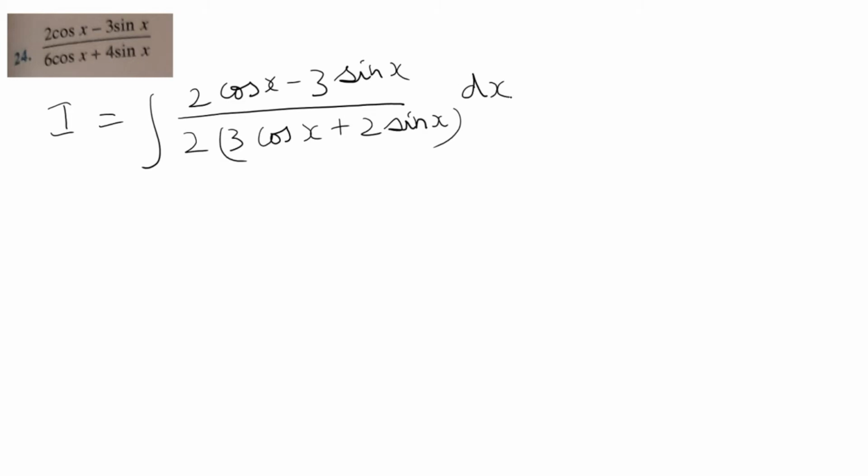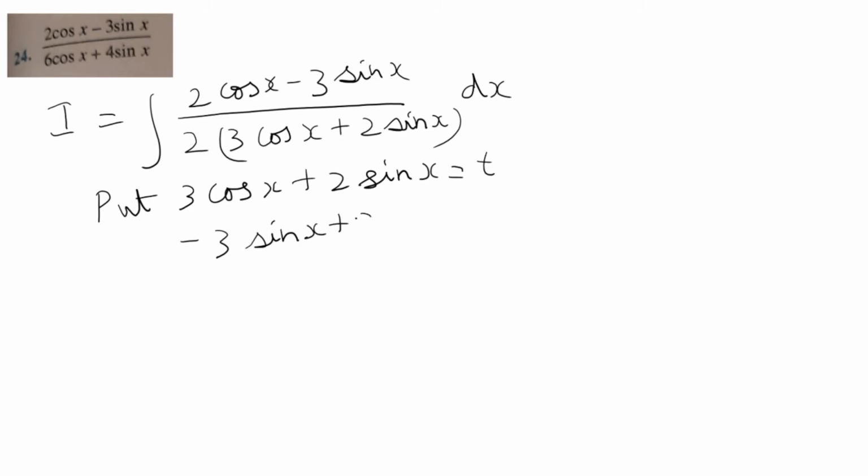Now let us take 3 cos x plus 2 sin x as t. Let us put 3 cos x plus 2 sin x equal to t. Then minus 3 sin x plus 2 cos x dx will be dt. This is nothing but the numerator.